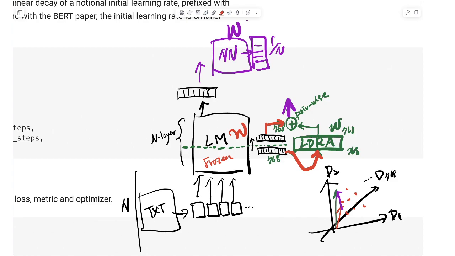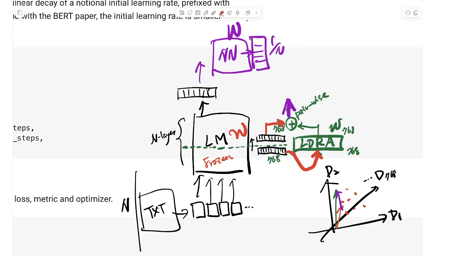In this case, you don't have to train the entire language model, which is the red weight. You simply add an additional structure, which is LoRA, use the output of certain layers, modify it by the LoRA, and add the output of LoRA to the original vector, and the purple vector will continue to be processed in the language model, and so on and so forth.